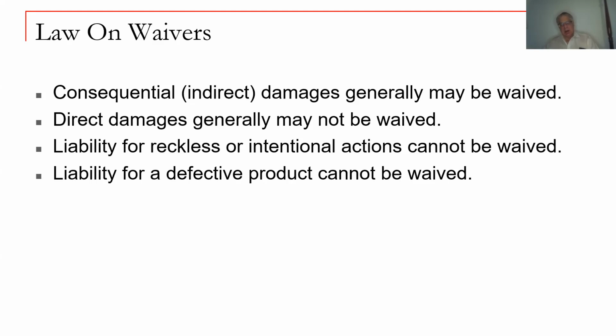Those I can waive. The direct damages, the damages tied closely to my breach of contract or tort, I can't waive, but the stuff that follows from it, I can. Intentional or reckless action, I can't waive, and liability for a defective product, I cannot waive, right? So there are limitations. We don't need to worry too much about the limitations. What matters for us is, yes, you can do it.